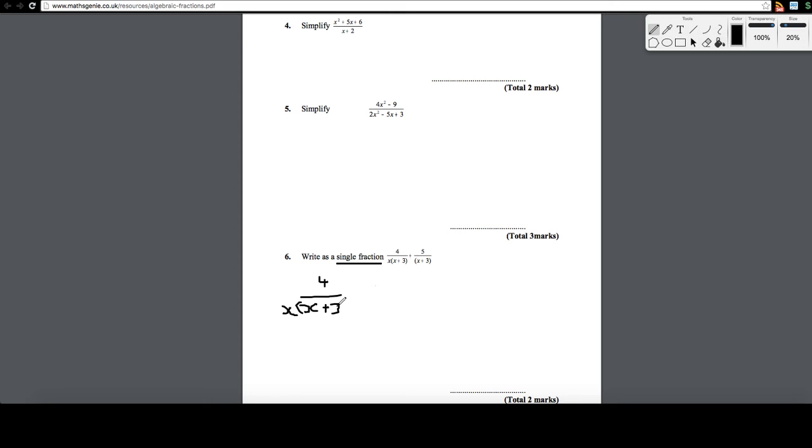So this is fine right now. But this one isn't anywhere near where we want, the same denominator on both sides. So we're going to times this one by x as well. So this will become 5x, because you need to times the numerator and the denominator. And this will have the exact same number plate now as the other one.